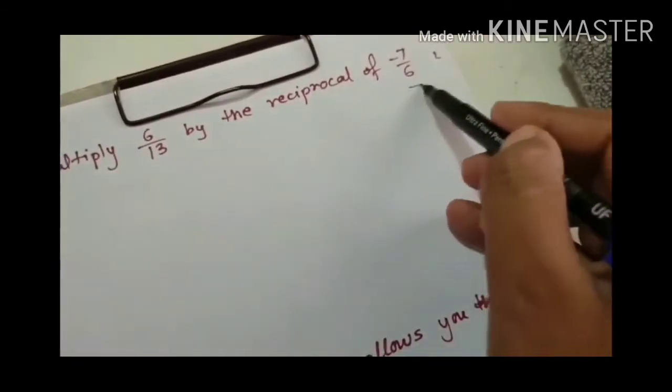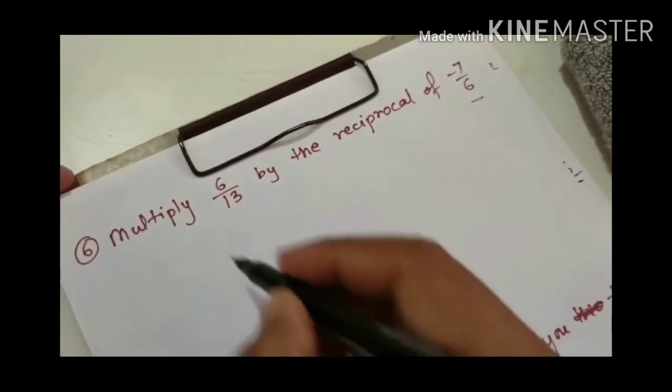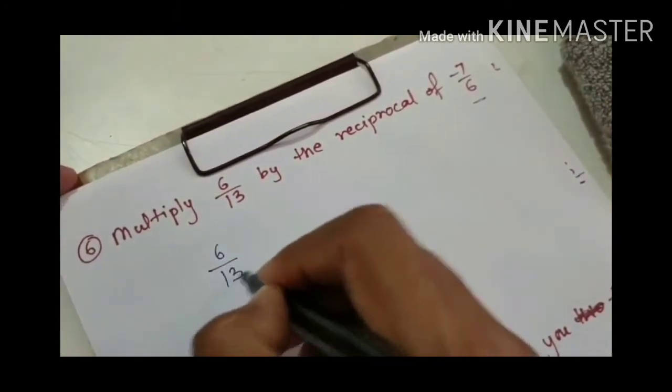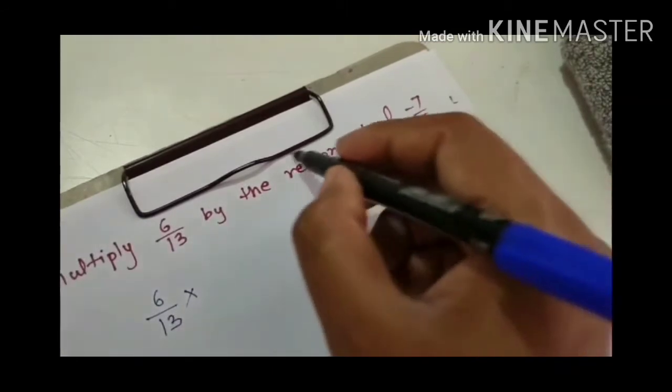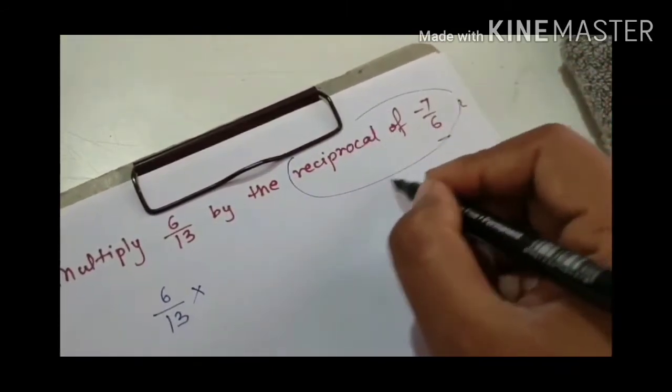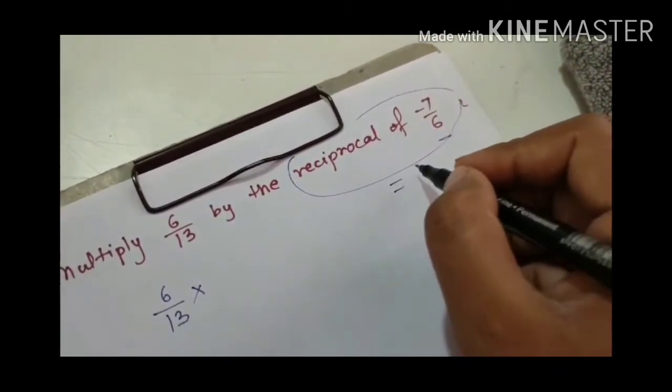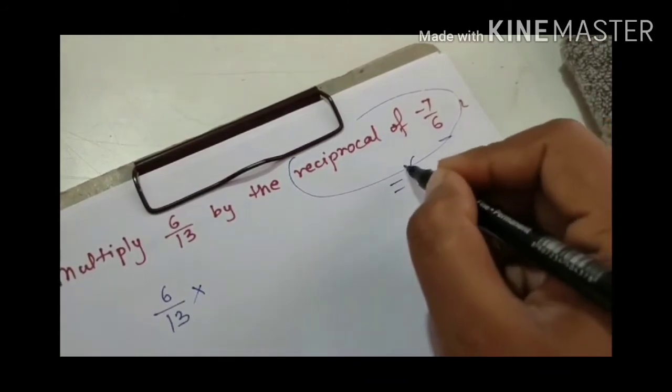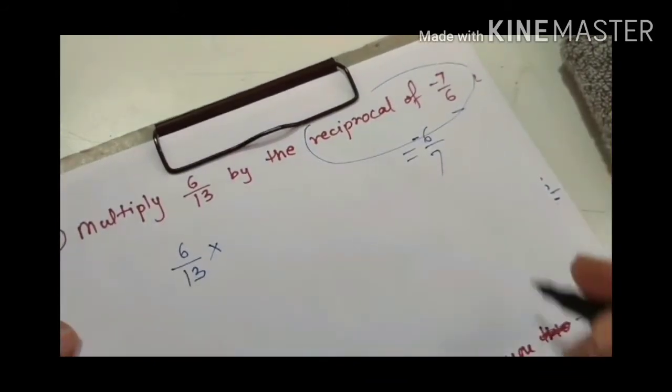Multiply 6 by 13 by the reciprocal of minus 7 by 7. So let's write the reciprocal of this number. Reciprocal means what? Just reverse. 6 by 7, the same sign will be there.